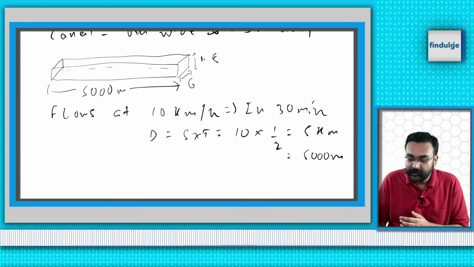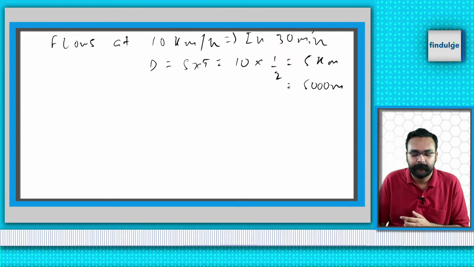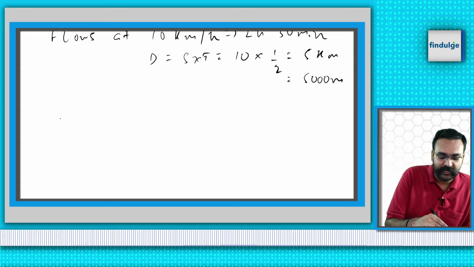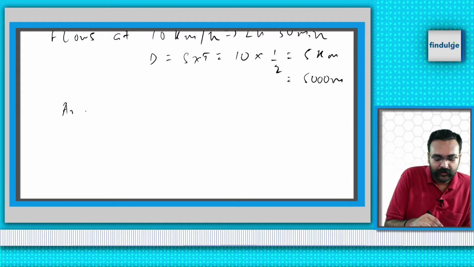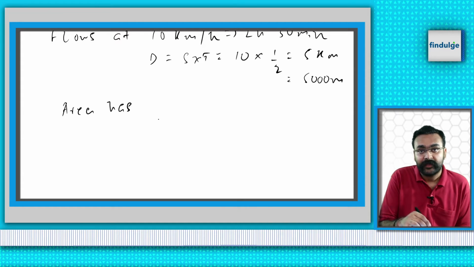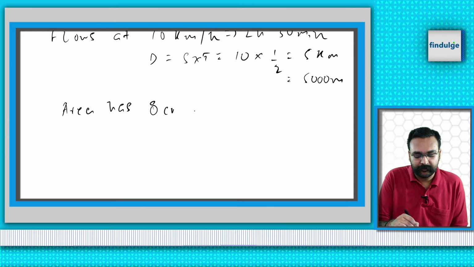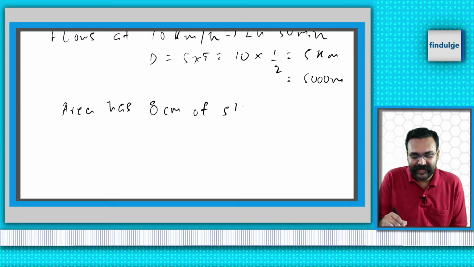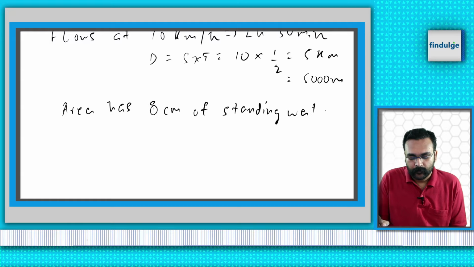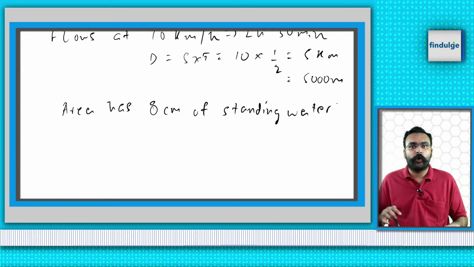Now, you have not been told the shape of the area. All you are told is that the area has 8 centimeters of standing water. Standing water just means the water will be standing like this.